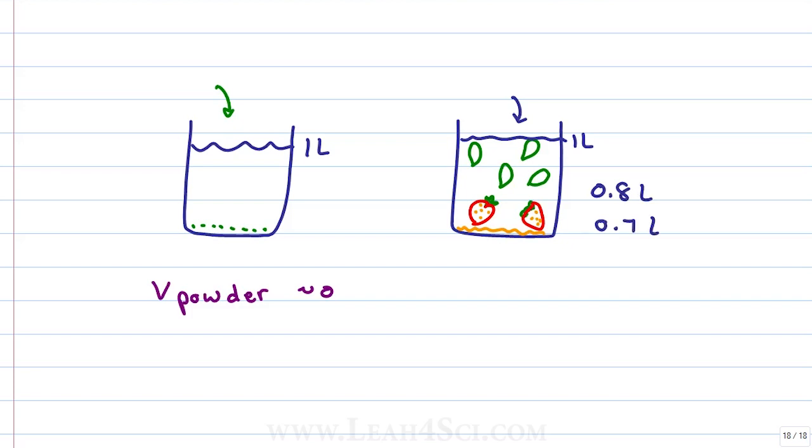In this situation, the volume of the solute, the strawberries, the mint leaves, the lemon juice, are very significant to the calculation. And if you had to calculate molarity versus molality, molarity would use 1 liter as the total solution, but your molality calculation would use just the water, 0.8 kilograms for the 0.8 liters, 0.7 kilograms for the 0.7 liters, giving you a completely different answer.